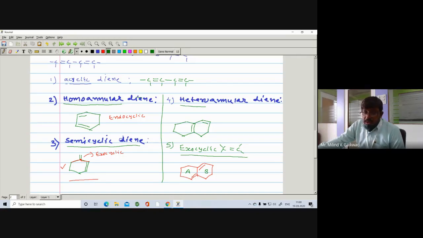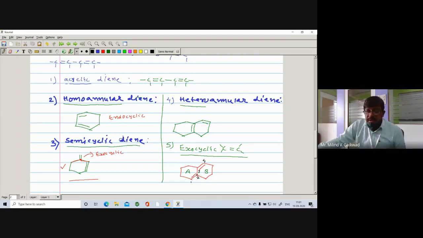Suppose I label carbon number 1, then 2, then 3, and then 4. So pi bond 1, 2 is pointing out from ring B. Look here, this carbon comes here, this corner is going out. Out means outside ring B. So double bond 1, 2 is pointing out from ring B.